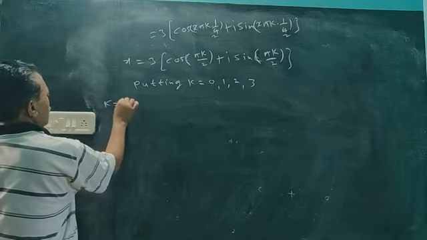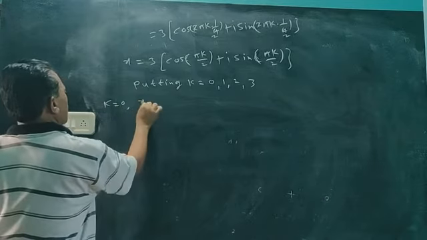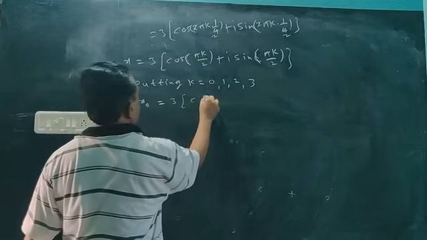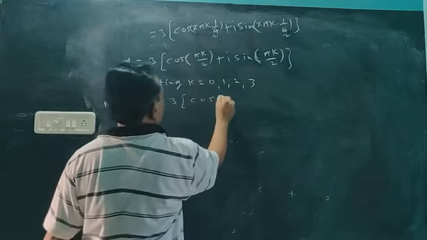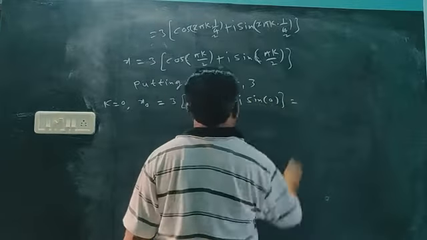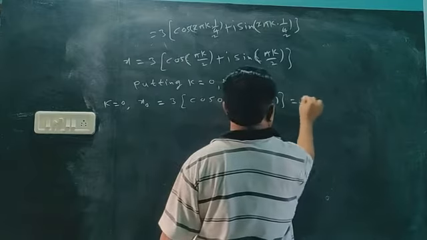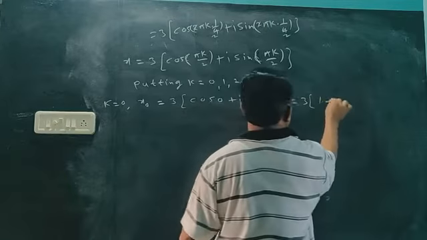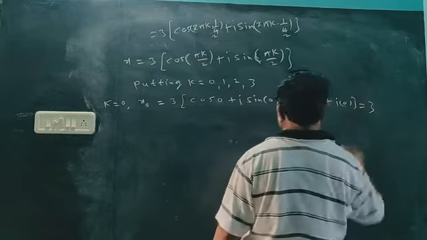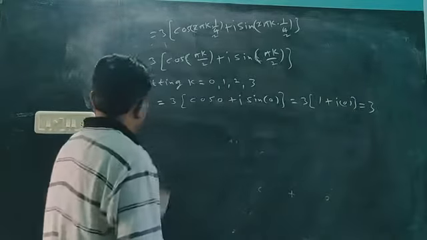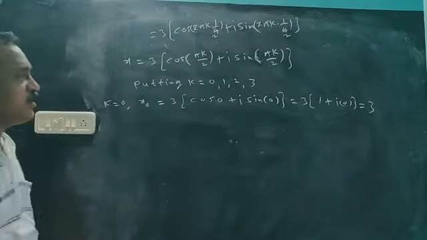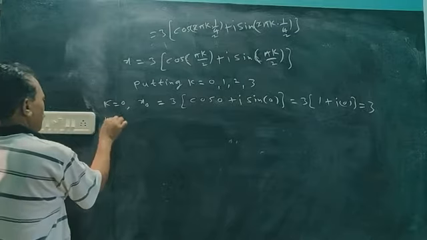So k equal to 0, x0: 3 into, for k equal to 0, cos 0 plus I sin 0. Cos 0 is 1, sin 0 is 0. So x equal to 3, one of the answers, no doubt.